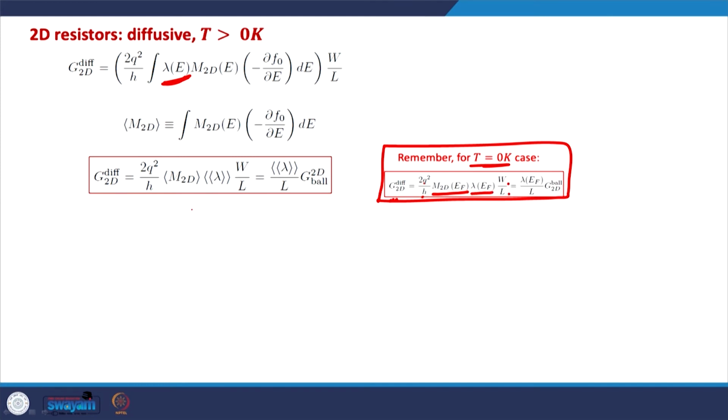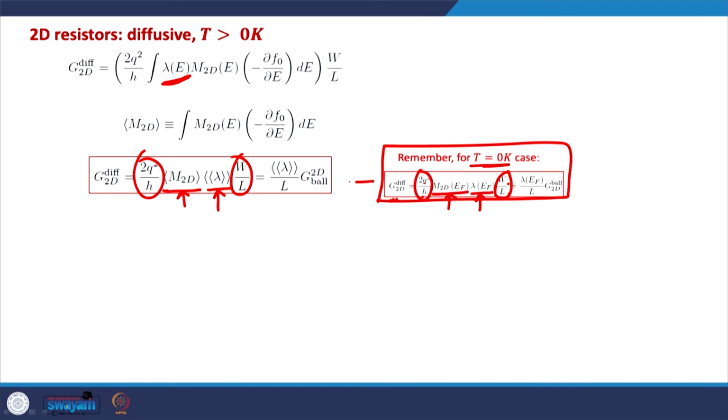But now in this case, the only difference we see is that the 2q square by h times W by L terms are there, and instead of M2D(EF) we have the average of M2D(E) in the Fermi window, and instead of the mean free path at the Fermi level energy, we have the average mean free path of electrons in the modes in the Fermi window.